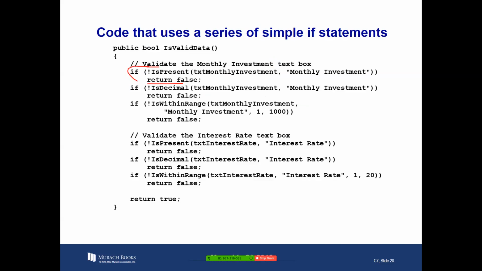If it's not present, just return false and you're done. If it is present, then this is skipped, and we test this one. If it's not a decimal number, just return false and that's it. If it is a decimal number, then this is skipped, and we test to see if it's in range. If it's not in range, we just return false and that's it.